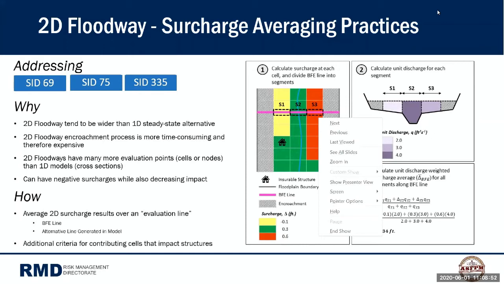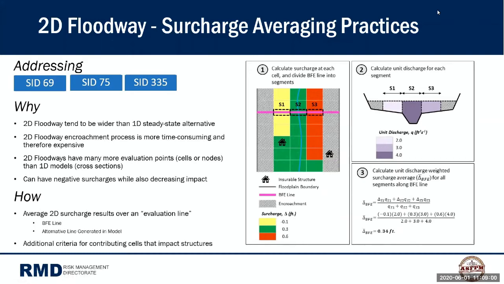What you see here is a 1, 2, and 3 step process to do that calculation of an evaluation line. The red and the green and the yellow there are the surcharges.